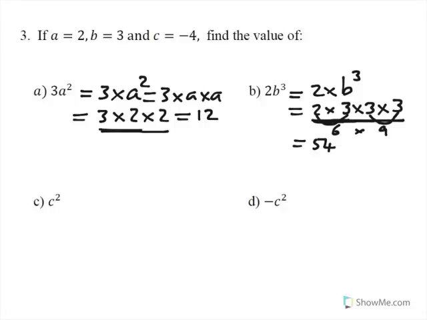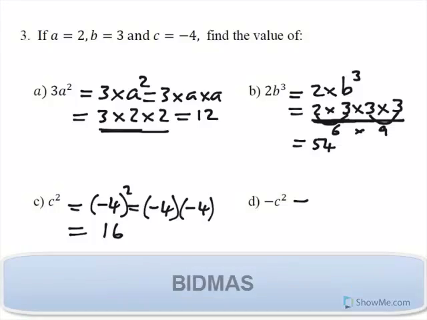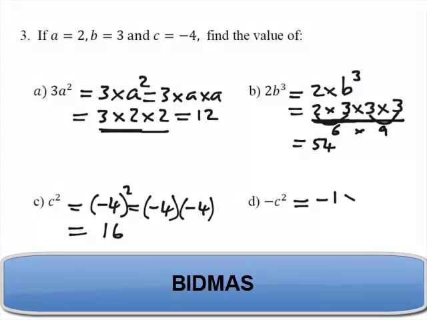c squared is negative 4 squared, and that means negative 4 times negative 4. And the answer to that, 2 negatives make a positive, so it's 4 times 4, which is 16. And here you need to think BODMAS again. It's negative 1 times c squared.